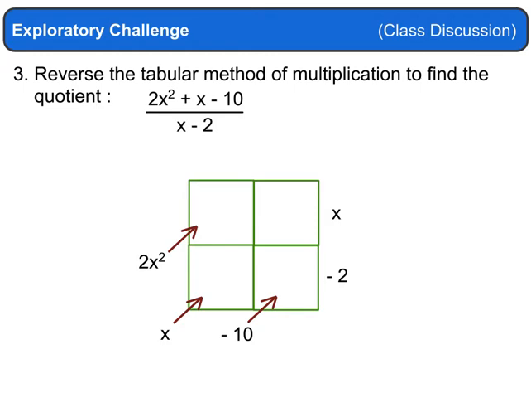So if we looked at number 3, it says use reverse tabular method of multiplication to find the quotient. So this time they did not tell us what the quotient's going to be. They want us to figure that part out. So what did we do? Let's orient ourselves as to what's happened. They put the divisor, the x minus 2, here on the side.